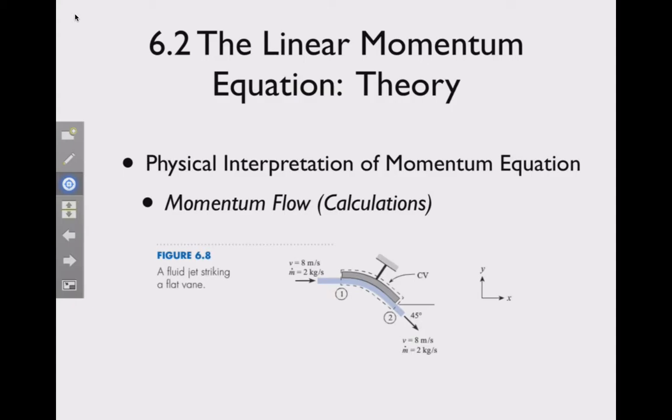So here's an example of what we mean by momentum flow. We have a jet of fluid that's striking what's called a vane here. We've got momentum coming in and momentum coming out. Just a quick glance at the magnitudes, we can see that this is equal to 16 and this is equal to 16, just by taking 8 times 2.